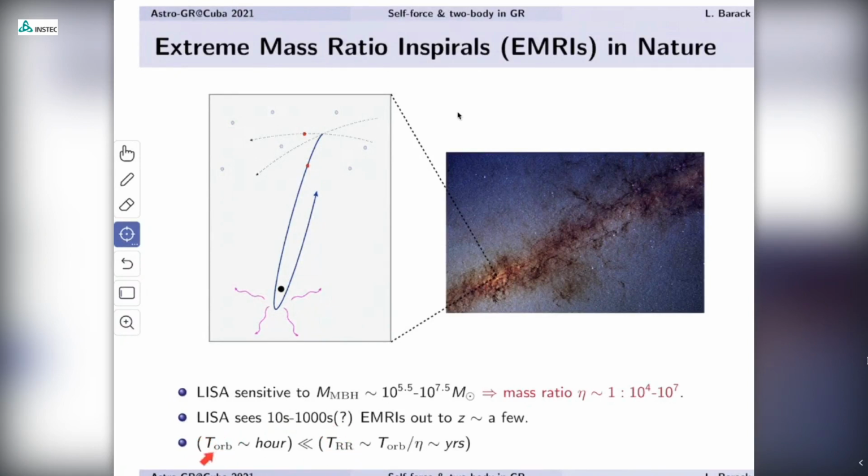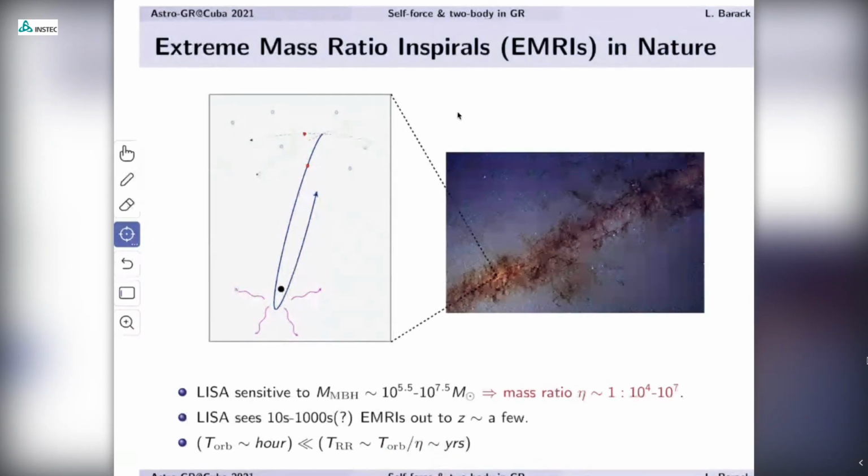One is the orbital timescale when it is in the LISA band, so when it's very tight around the big black hole, which is of order hours. It is much smaller than the radiation reaction timescale, the timescale for the orbit to change due to emission of gravitational waves, which is longer by the inverse of the small mass ratio, so it comes out to years.